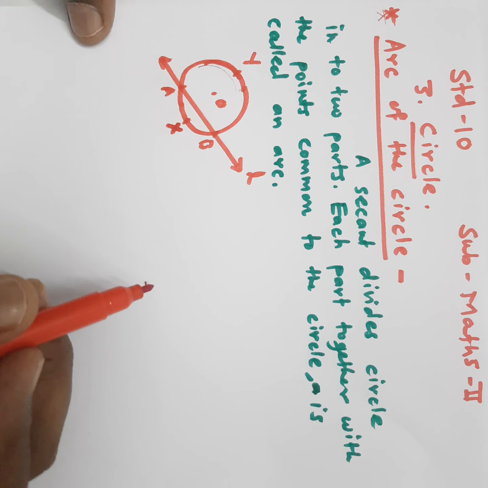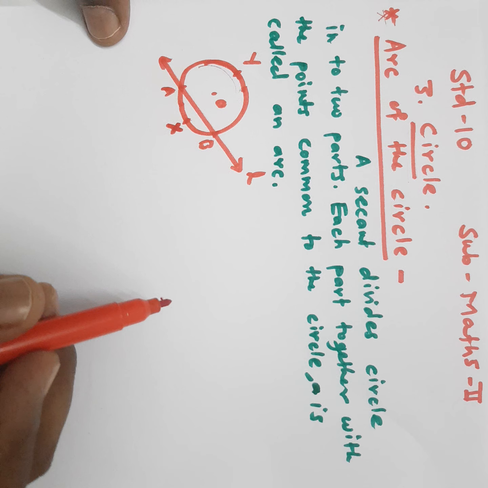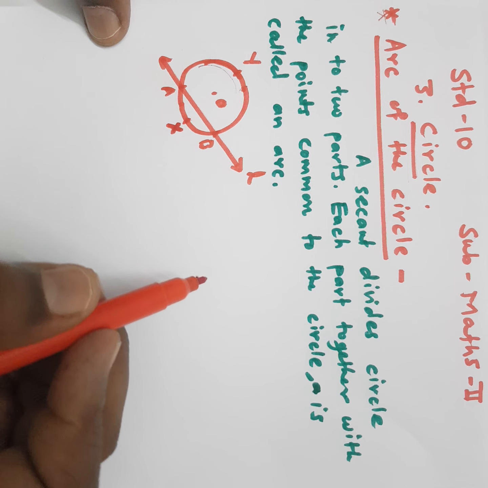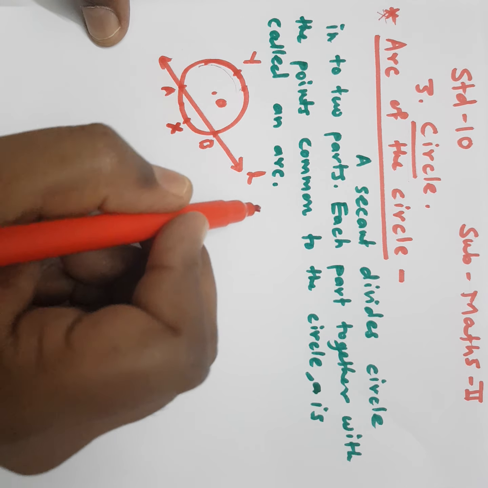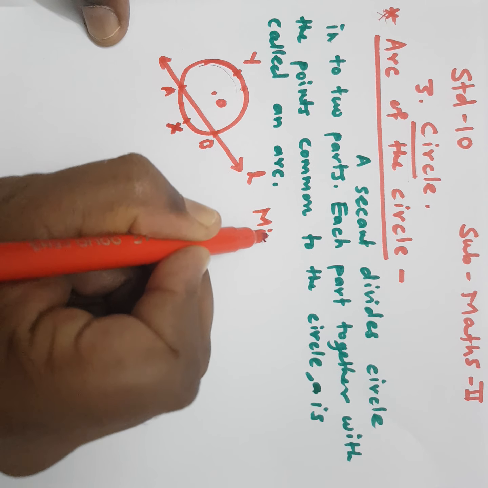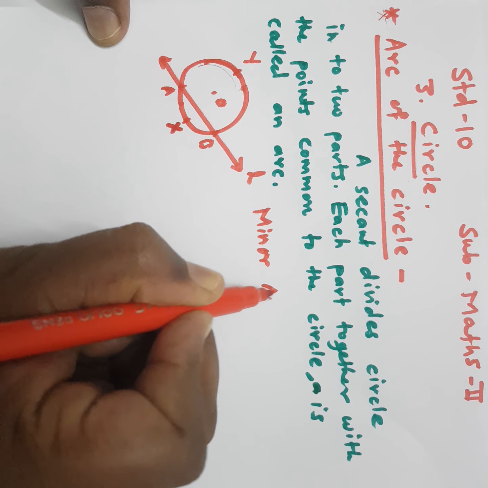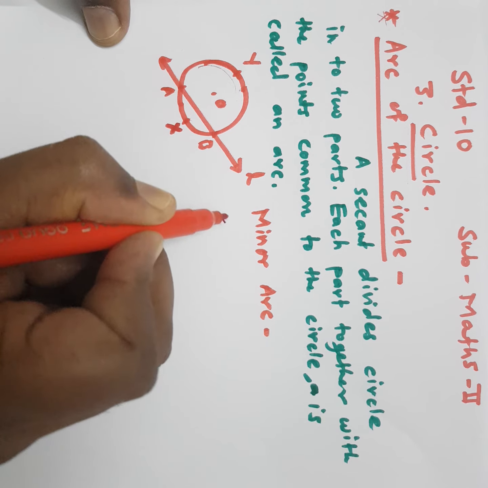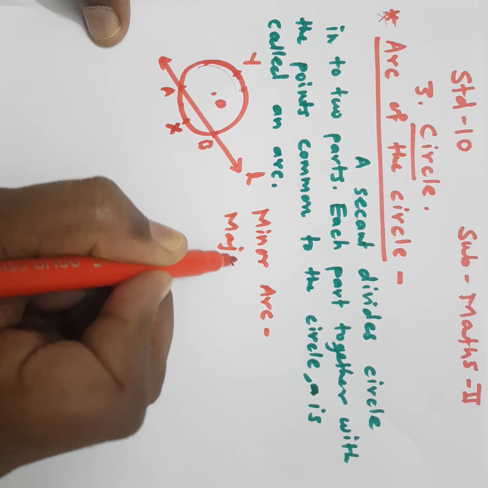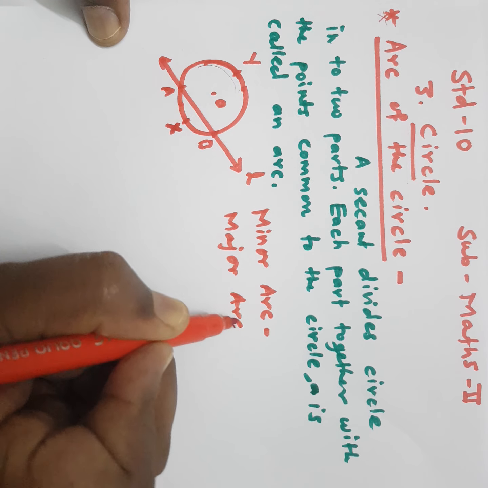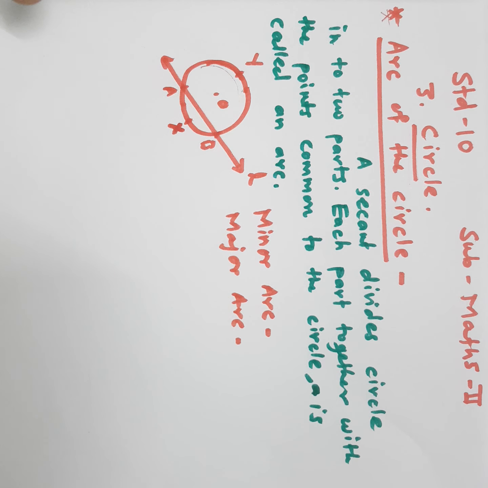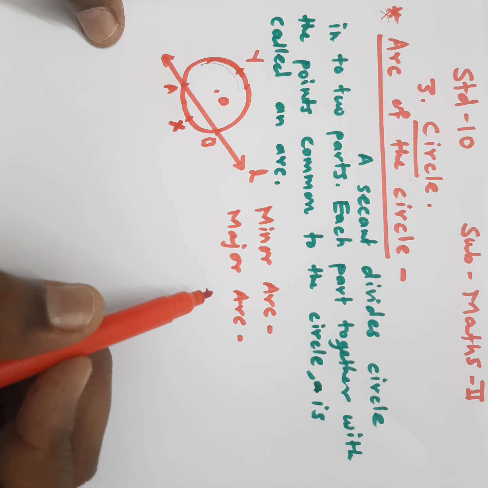Now there are two types of arc: first is minor arc and second is major arc. The part in which the center lies is called the major arc.